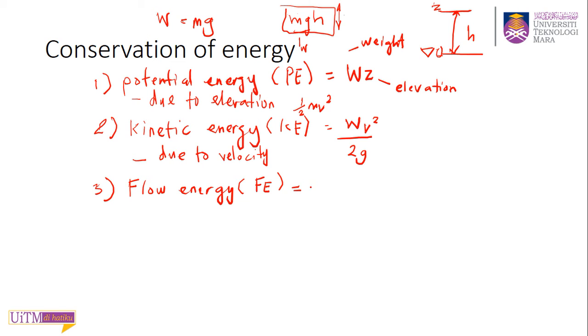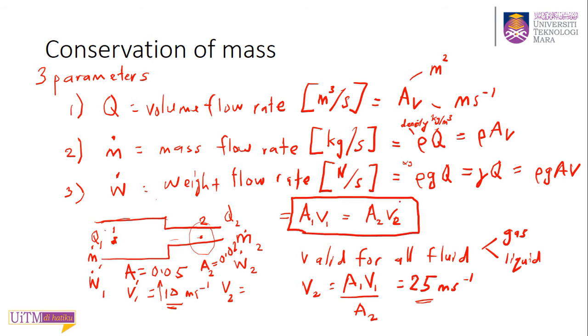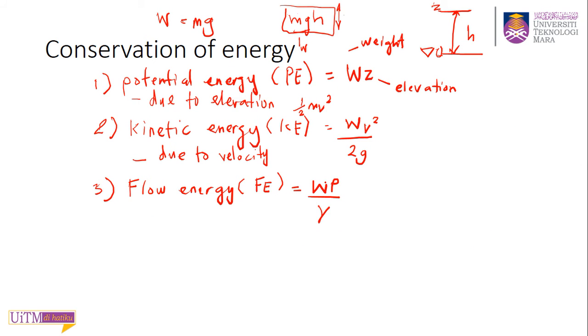It is W, the weight, times P, pressure, over gamma, the specific weight. Or the specific weight, you know, is rho times G. So the equation for flow energy is weight times pressure over your specific weight.